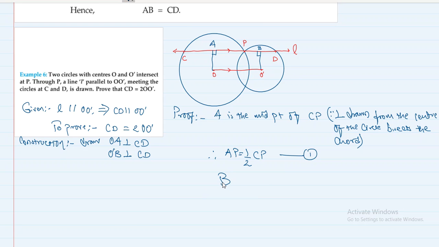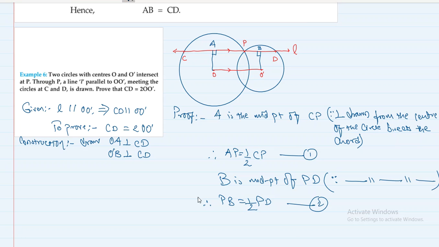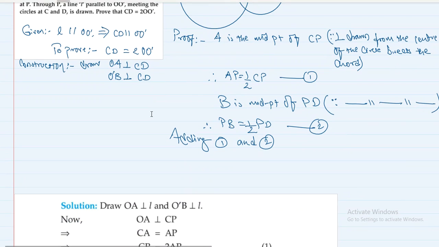Similarly, B is midpoint of PD. Same reason. Since perpendicular drawn from the center of the circle bisects the chord. Therefore, we can say that PB is half of PD. Now, adding 1 and 2, what do we get?